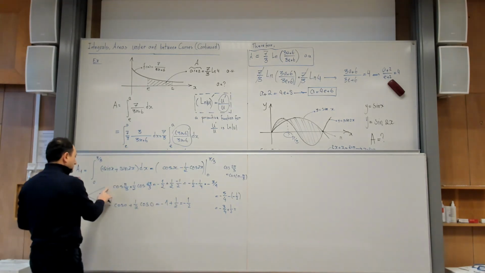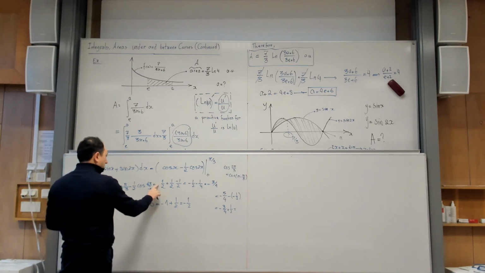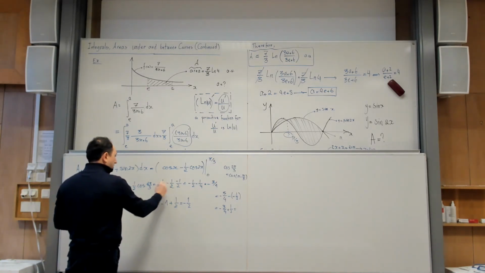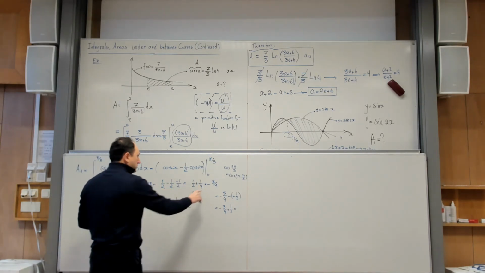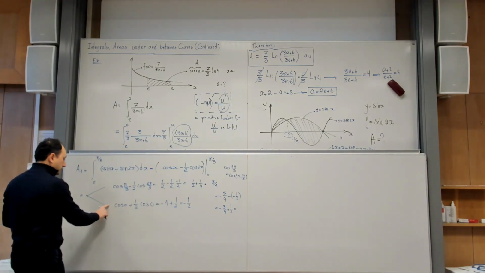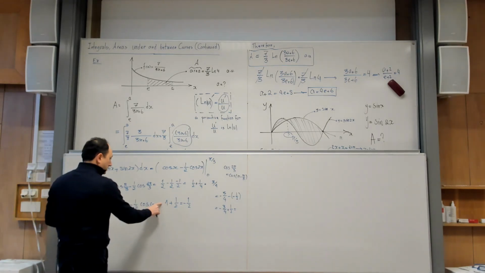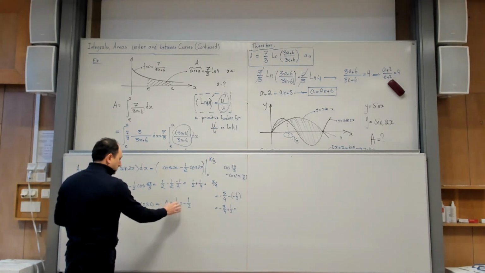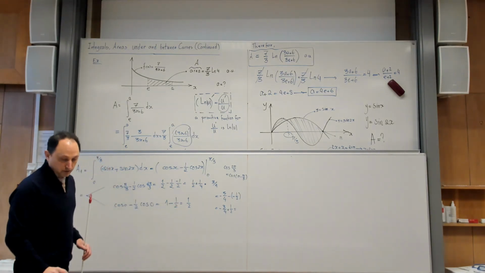And then this becomes positive, this becomes negative, and then it becomes 1/2 plus 1 over 4, which is positive 3 over 4. And then this becomes 1 minus 1/2, this becomes 1/2.